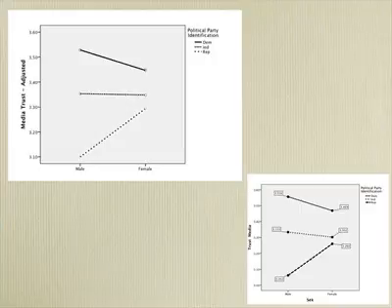And this would be the plot that helps us understand our interaction with adjusted means. So when you ask for a plot where you have covariates, it's going to plot the adjusted means. This is the same plot that we had last week with unadjusted means.